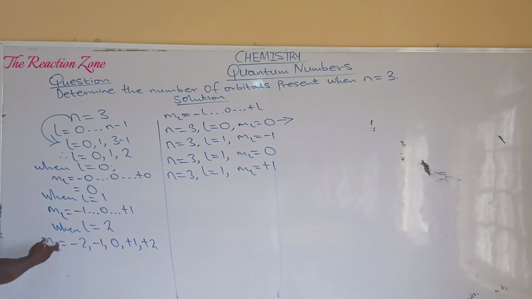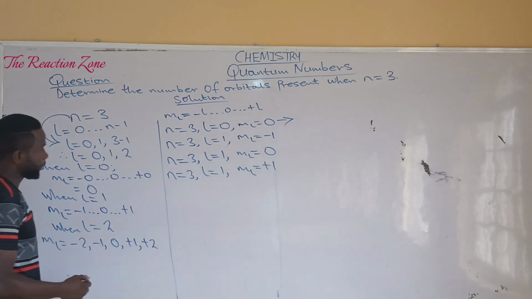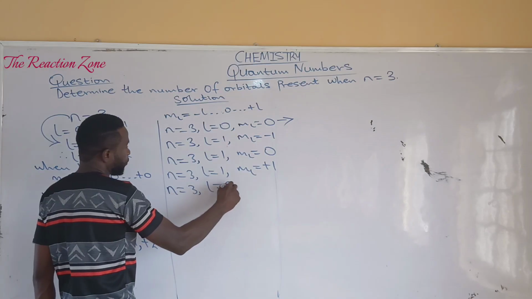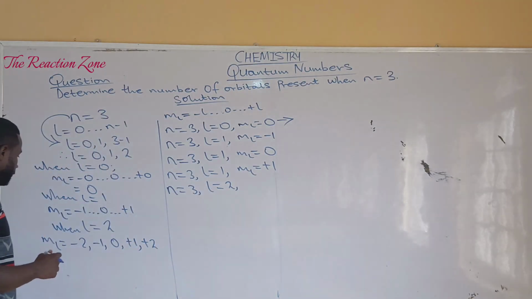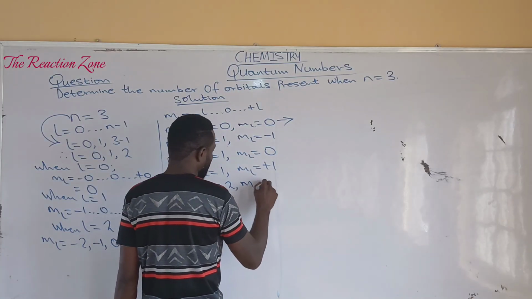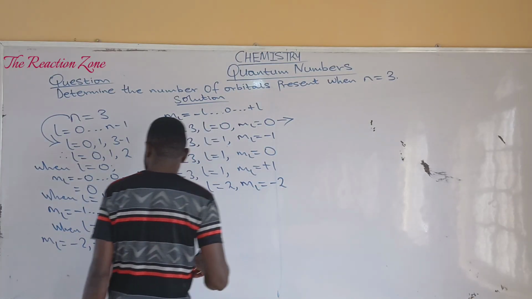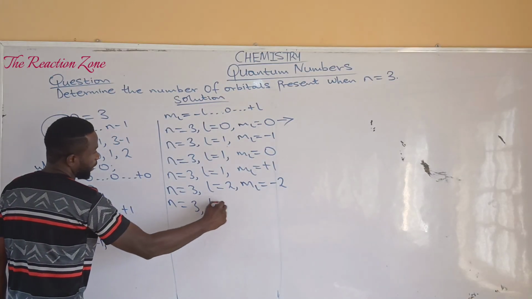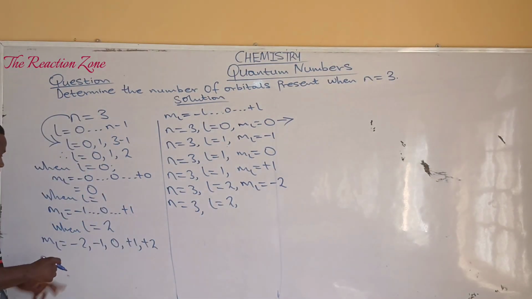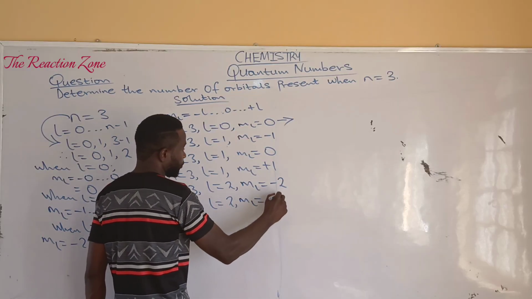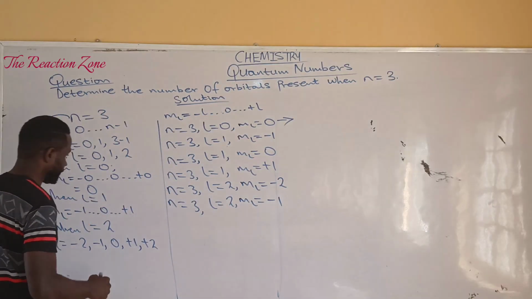Now we can move on to the value of L is equal to 2. When n is equal to 3 and L is equal to 2, the first value of ML is minus 2. When n is equal to 3, L is equal to 2, the next value of ML is minus 1.